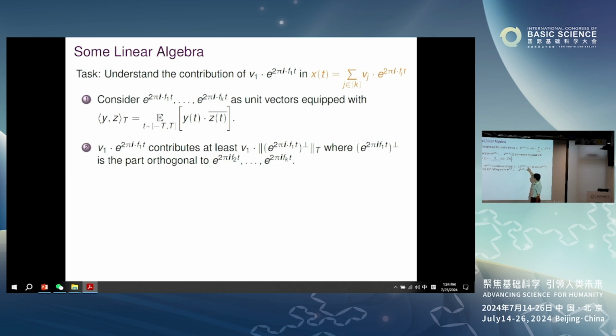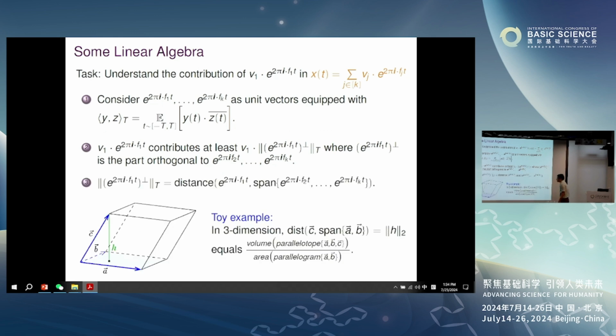There is a parallel part which may be cancelled with the rest of the vectors, but the orthogonal part will be left no matter what happens. Essentially this is the distance from this vector to the hyperplane spanned by the rest of the k minus 1 vectors.